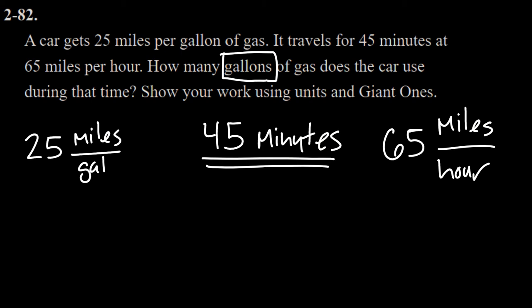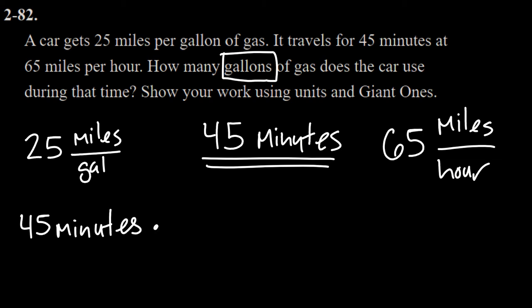So the first thing I want to do is I can see that I've got this rate that involves miles per hour, and I want to turn these minutes into hours. So I'm going to start by writing 45 minutes, M-I-N-U-T-E-S.